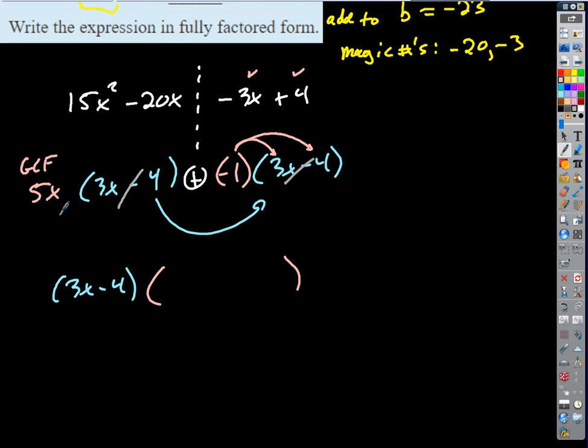I'm going to get 5x plus negative 1, so 5x minus 1, right? You guys see that? Okay, so that's one way you can factor. If you can find magic numbers, you can always use factoring by grouping to factor a trinomial, if magic numbers exist.